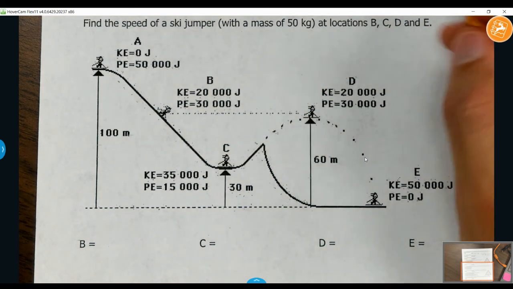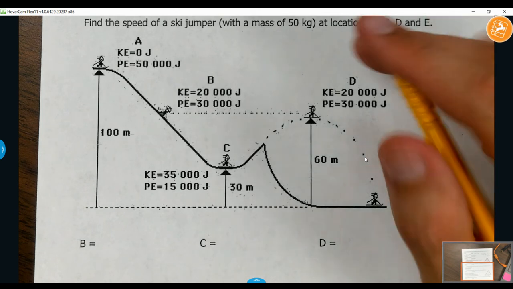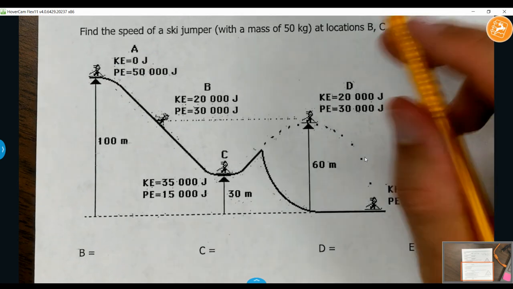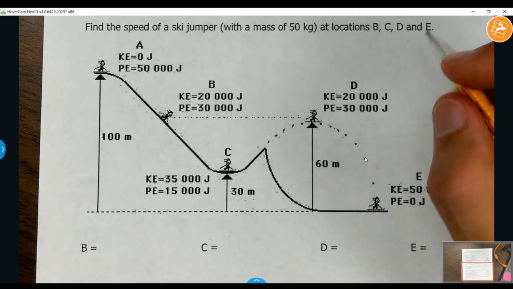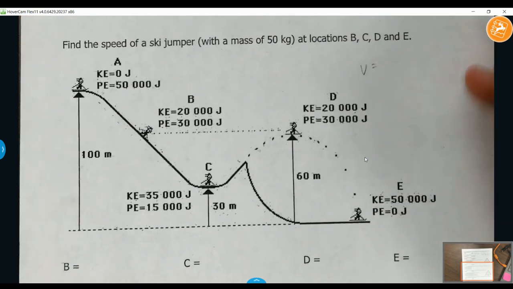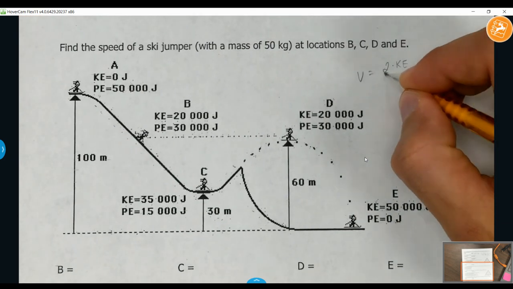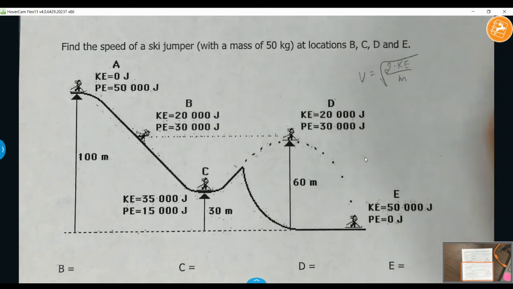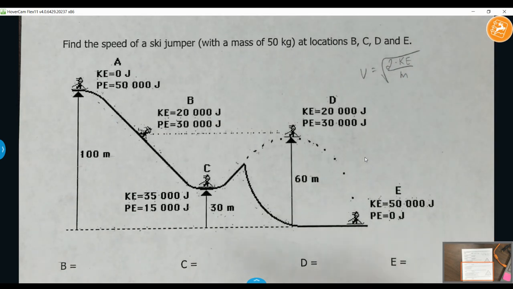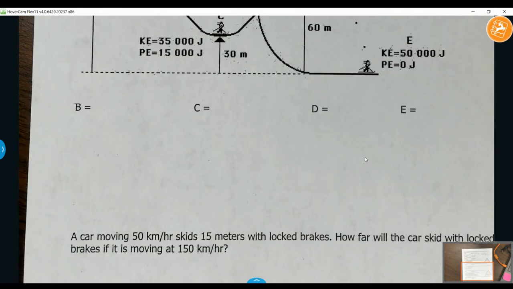Okay. So total mechanical energy is constant, 50,000 joules no matter what in any of these scenarios. You're solving for the velocity. So velocity would equal the square root of 2 times, again, your kinetic energy over the mass, in order to solve for those pieces, for each one of those.